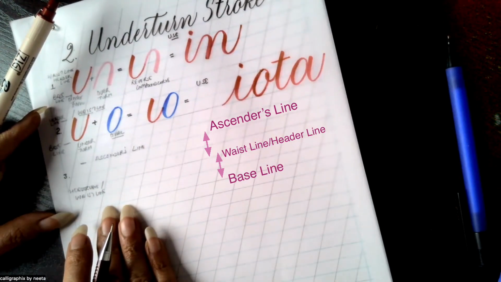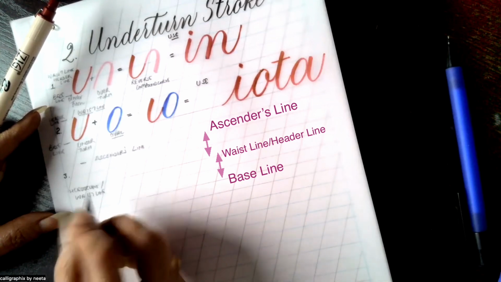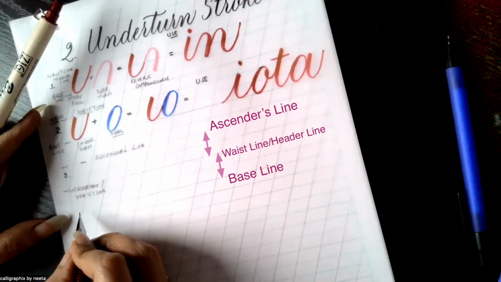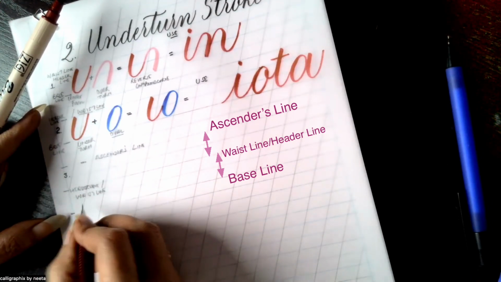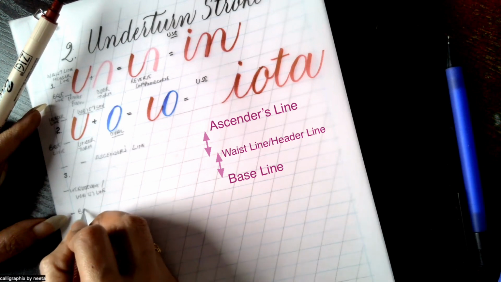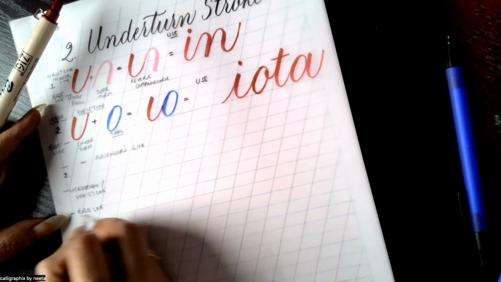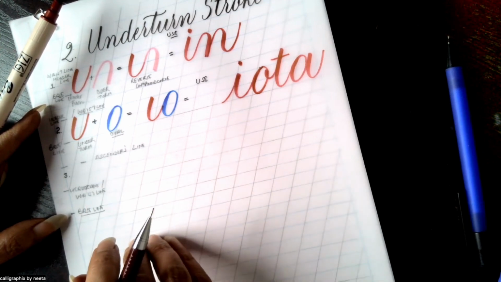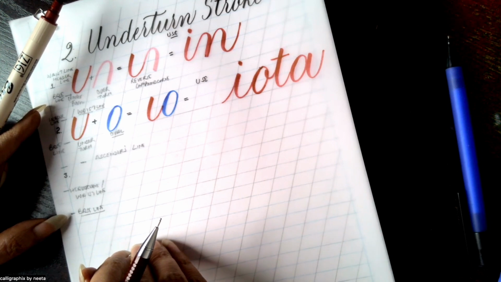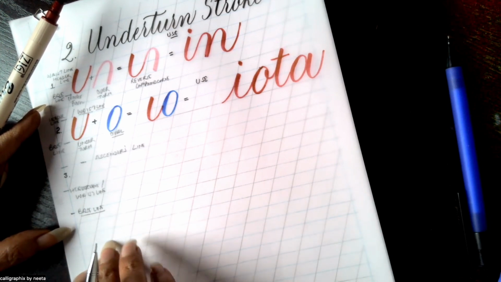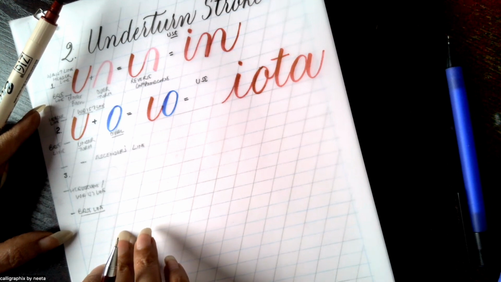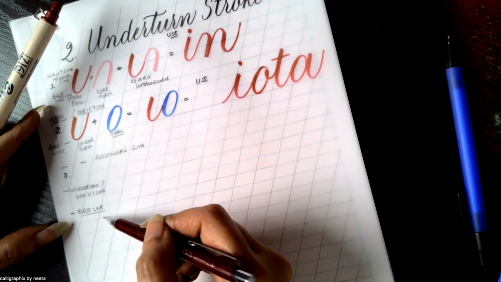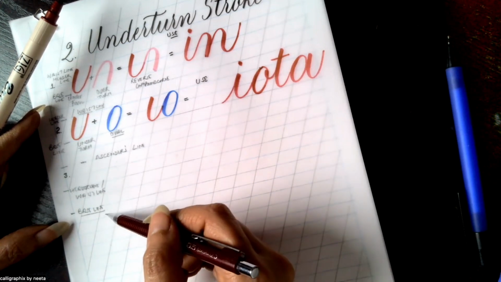Now we have one more line. One is this, one is this, and another one is this. So this is our baseline. There is nothing below this baseline when we are connecting the combinations right now. We are not going to create our descenders line because that will create confusion. So right now we are using these three parts: ascenders line, header line, and baseline.